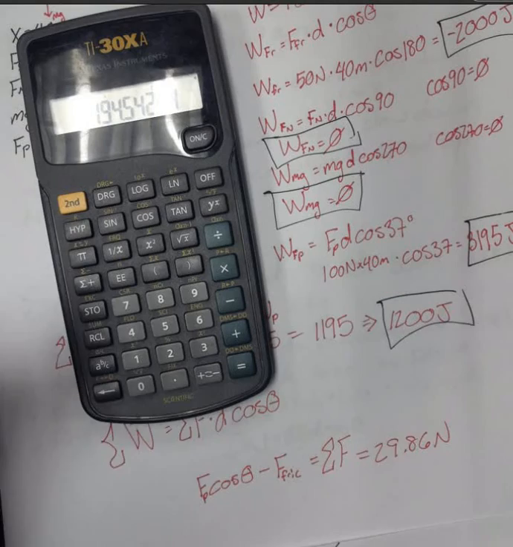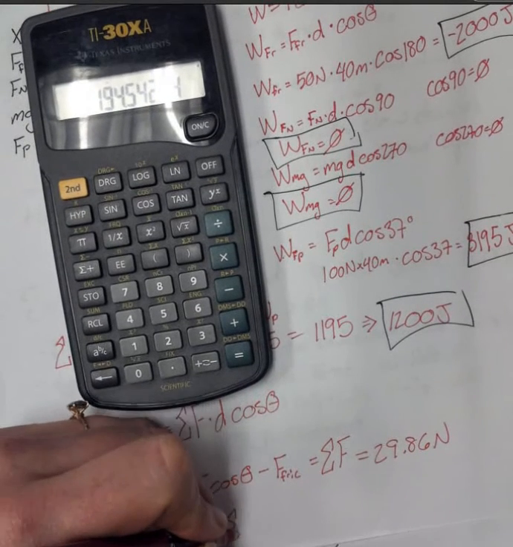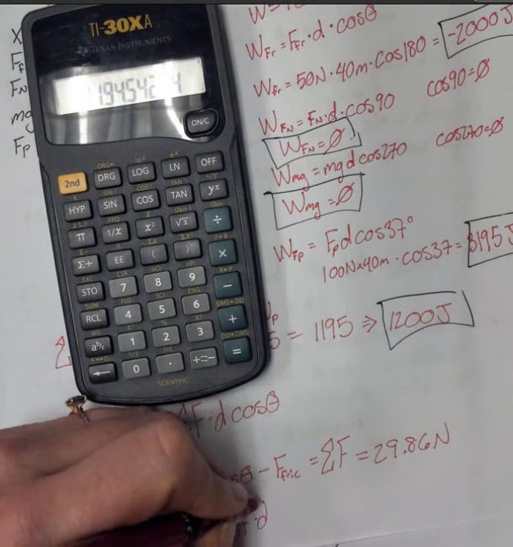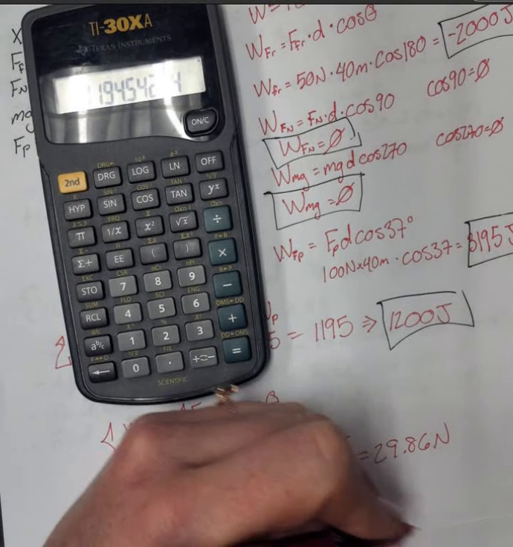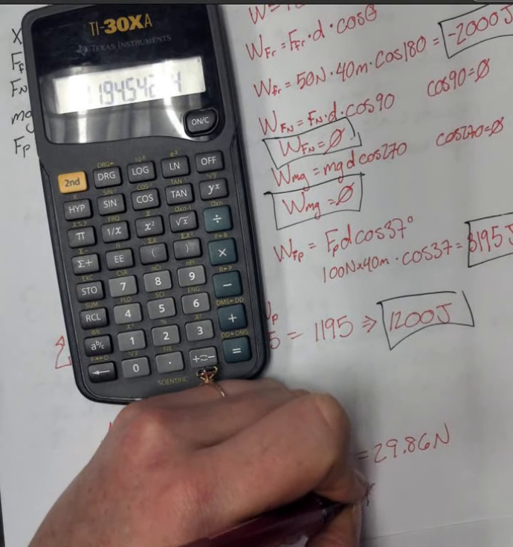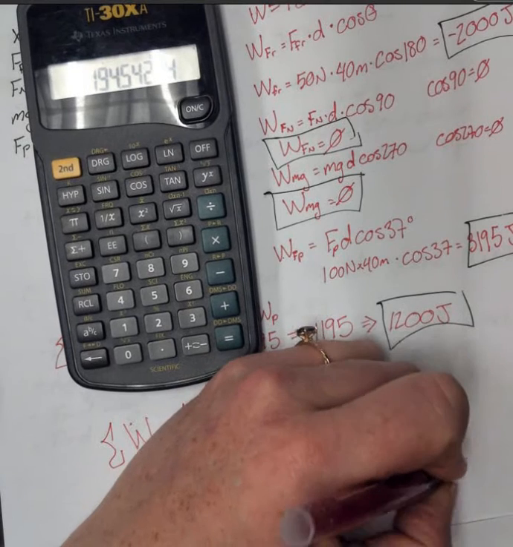And guess what? If net work equals the net force times displacement times the cosine of the angle, then we still get the value 1195 joules, which rounds to 1,200 joules.